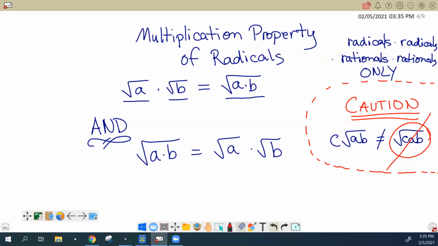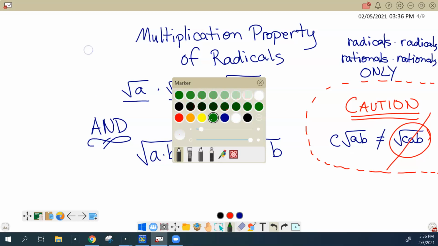So you see my little caution here. I have a rational number on the outside of the radical sign, and I've got a radical underneath. You are not allowed to multiply across this radical sign. And you might ask yourself, well, wait a minute, Mrs. Heinzman, how come I can't?